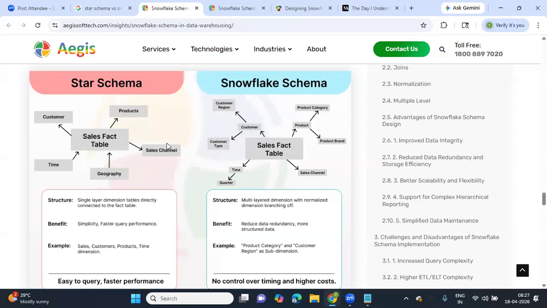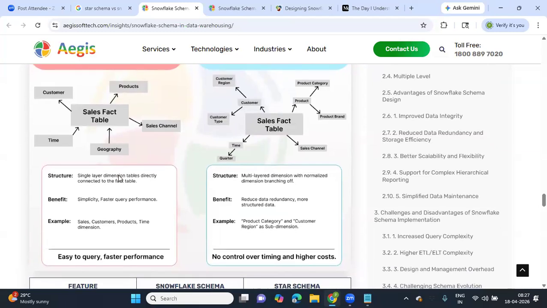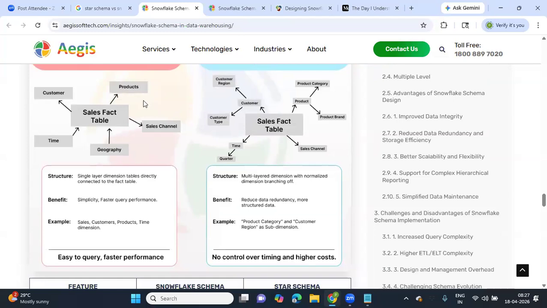Channel means either online, offline, Amazon, Flipkart, Myntra, whatever it is. And geography. Geography means the location. Is it the location of the product or the location of the customer? It can refer to anything. So here we have a single fact table surrounded by multiple dimensions. Single layer dimension tables are directly connected to the fact table.